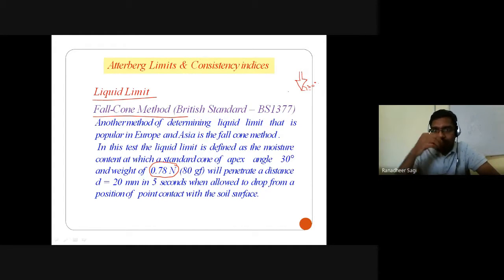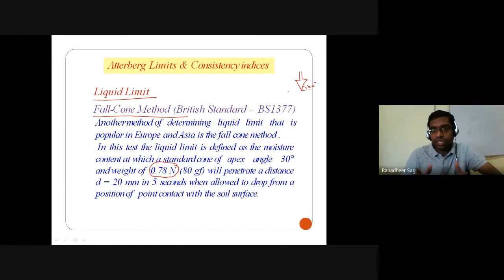So when that cone is dropped because of its own weight, if it penetrates 20 mm into the soil paste within 5 seconds, then the corresponding water content is the liquid limit value of that soil. This is one of the approaches.